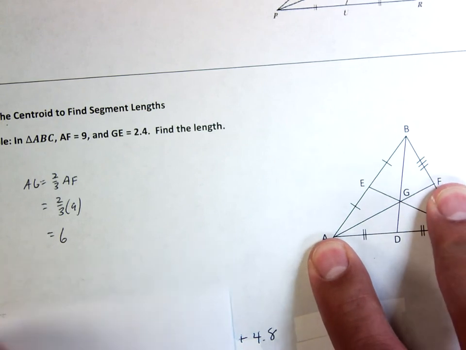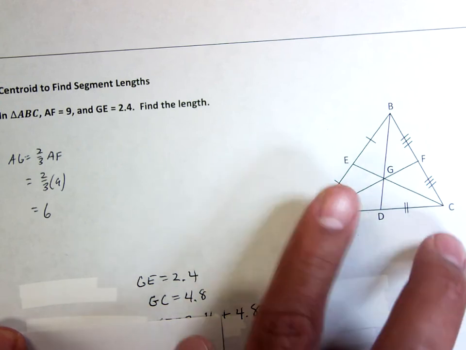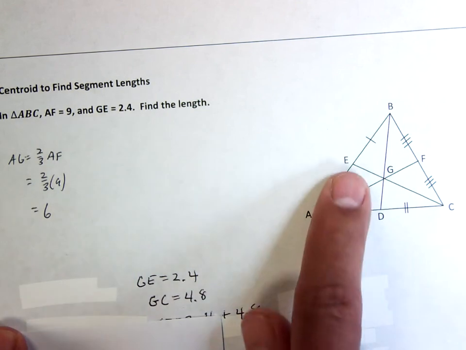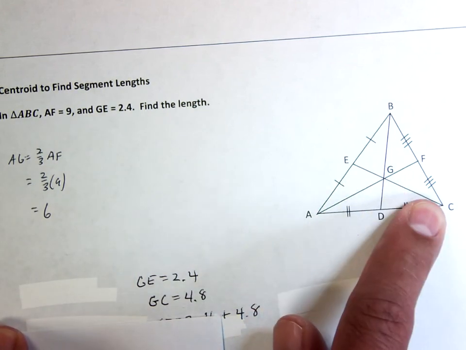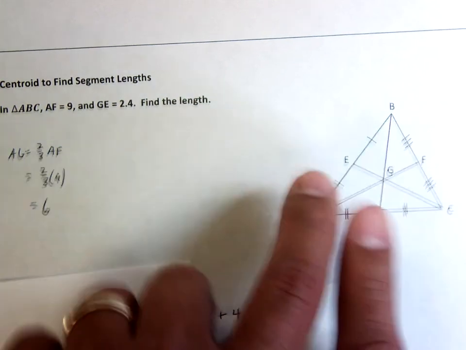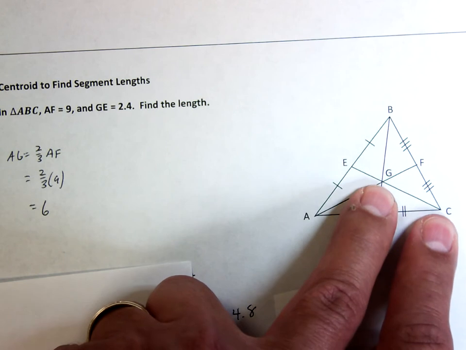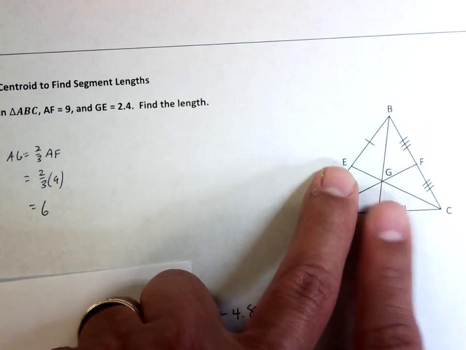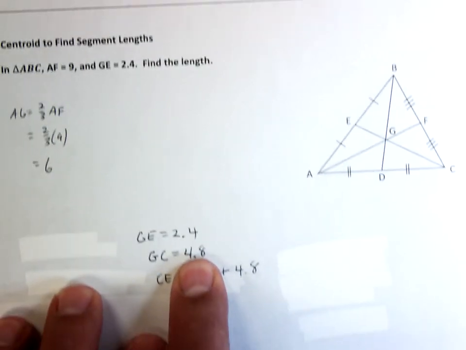And CE, so we want to know how long CE is, but we know how long GE is. GE is 2.4. Remember, this is 2/3 of the way. This is only 1/3. So this distance from G to E is half the distance from G to C. So if this is GE, 2.4, then GC must be 2 times as big, or 4.8.